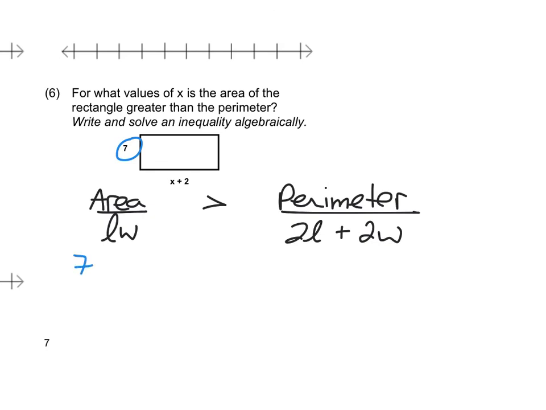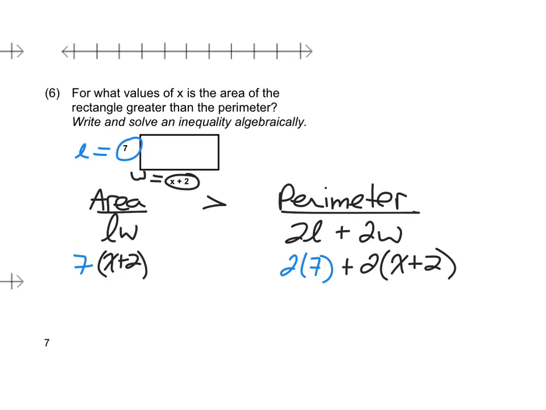So I'm going to let the 7 be the L, and I'm going to let the x plus 2 be the width, and then I'll have these two expressions, which in turn become my inequality when you put that little symbol in between.